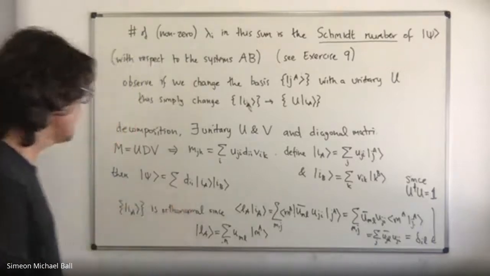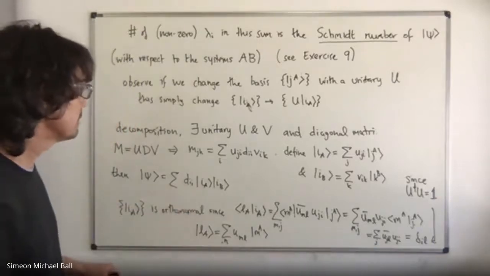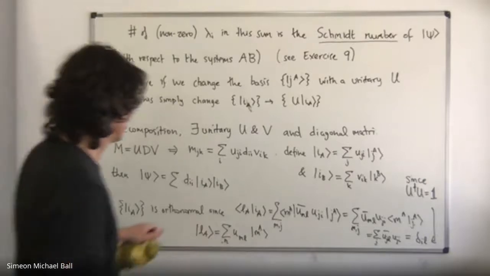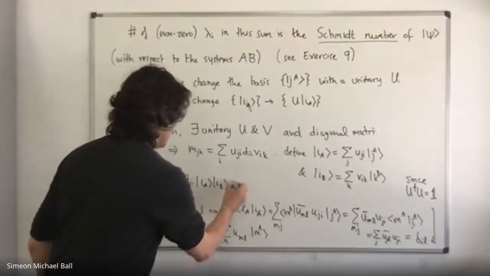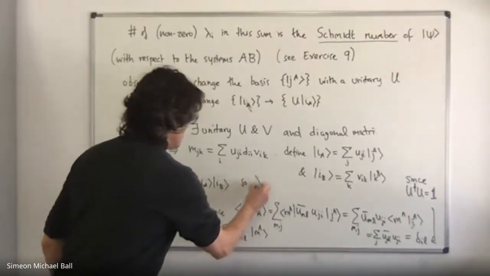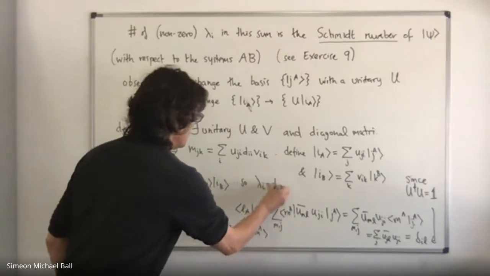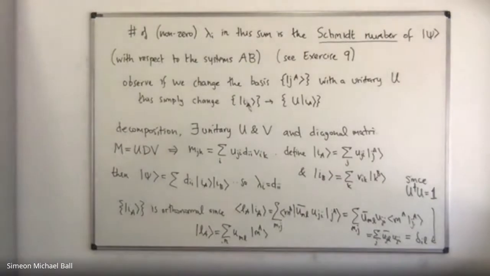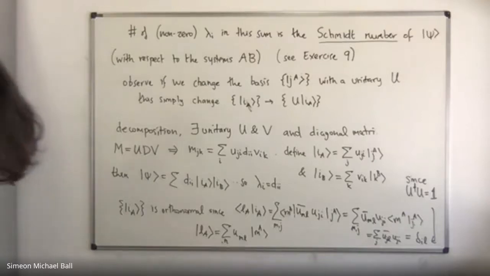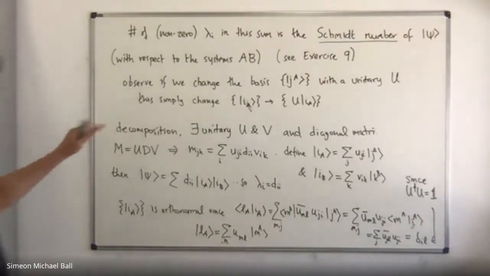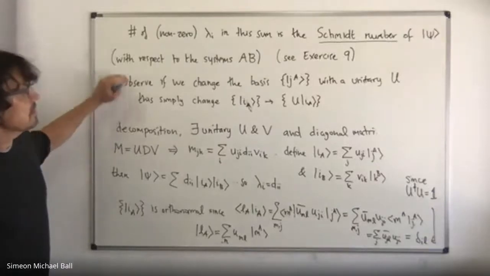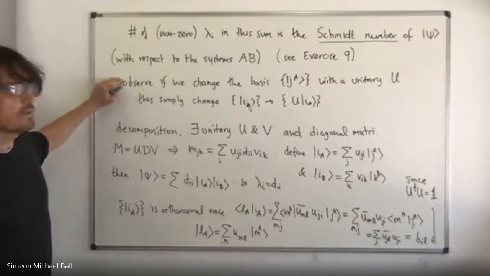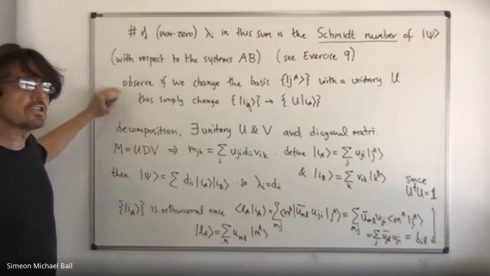D_ii's. Oh, did I say that D_ii's are then the lambda i's? Yeah. So these are lambda i's. And of course, having observed that, the only other choice we made along the way was changing the basis.